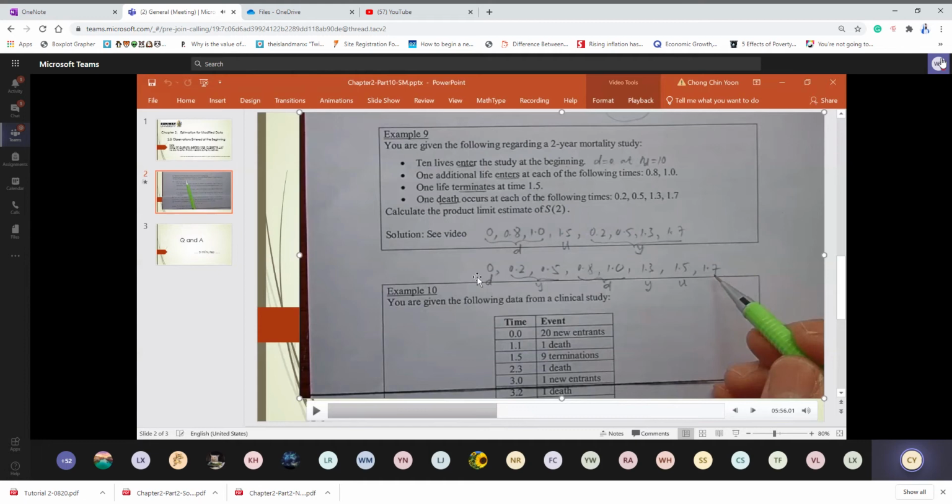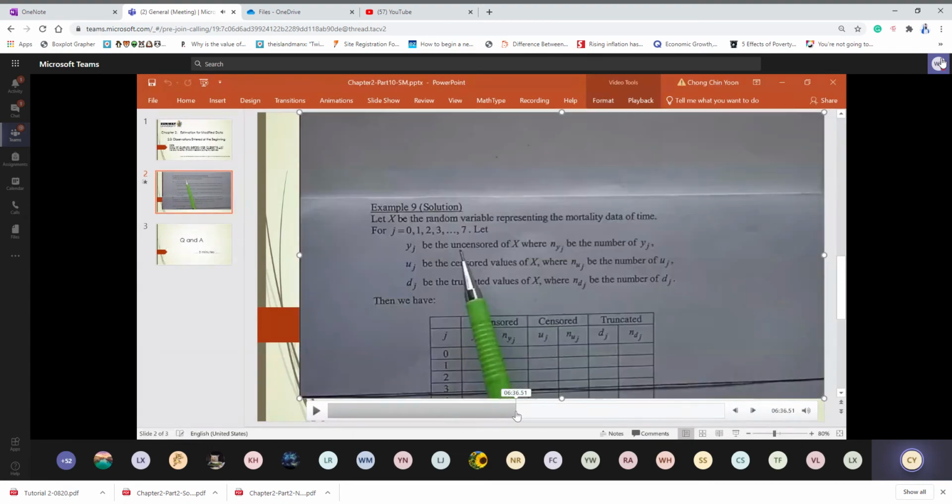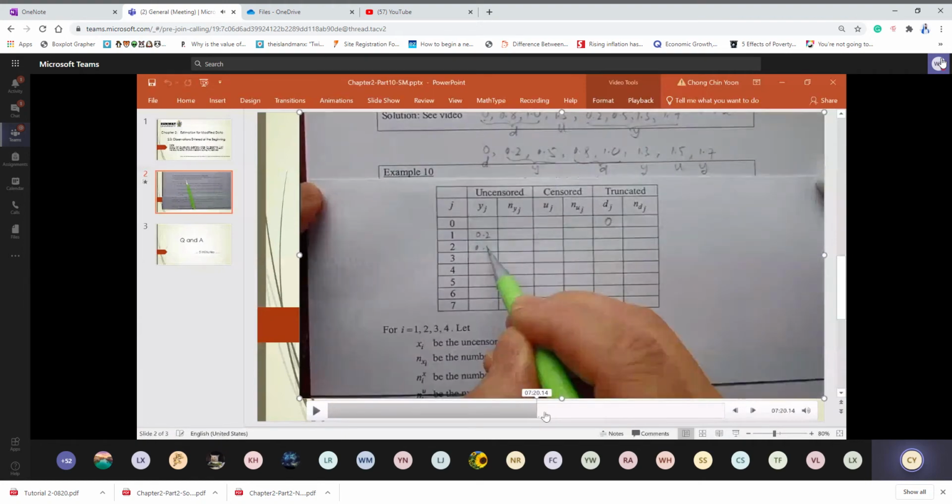After that, you have to rearrange them in ascending form. Once you have this, now you have to place the table. When you place the table, you also must be careful. There's no overlapping.